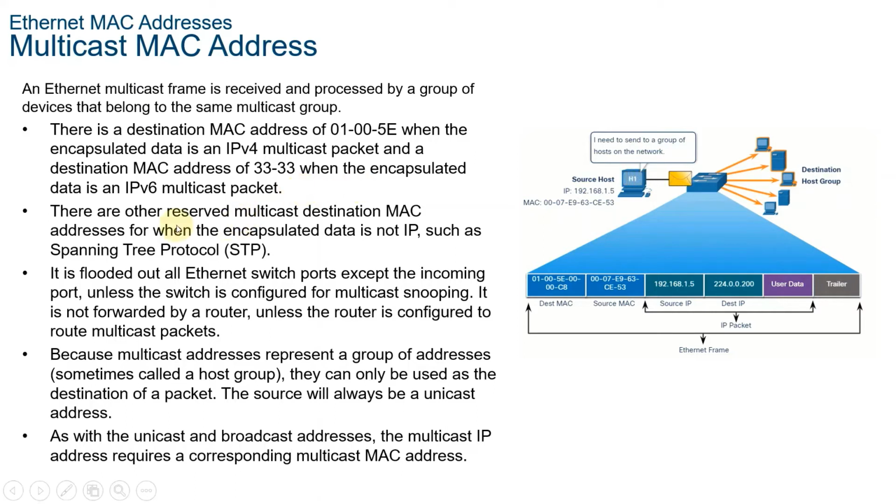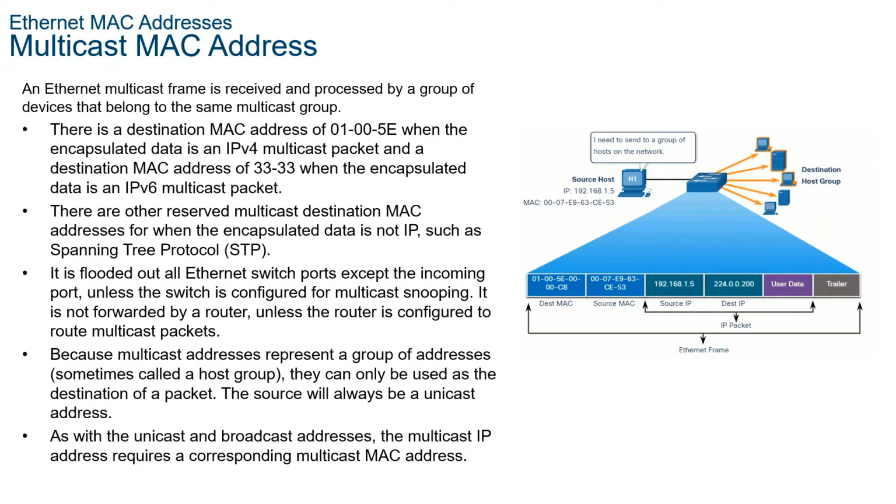There is a destination MAC address, for instance, of 01-00-5E when the encapsulated data is an IPv4 multicast packet, and a destination MAC address of 33-33 when the encapsulated data is an IPv6 multicast packet.